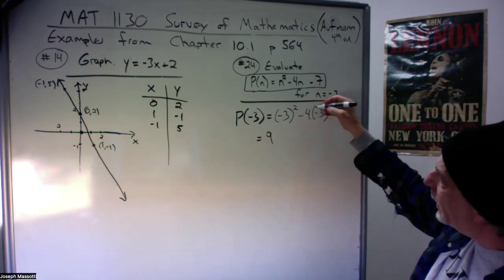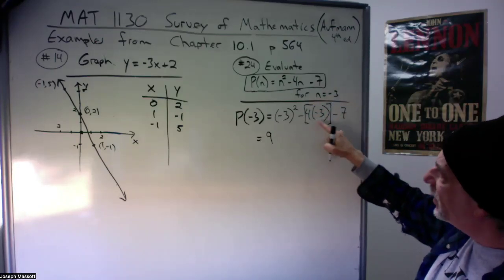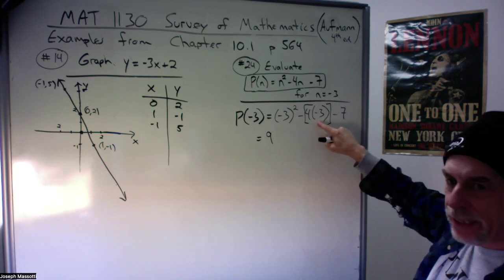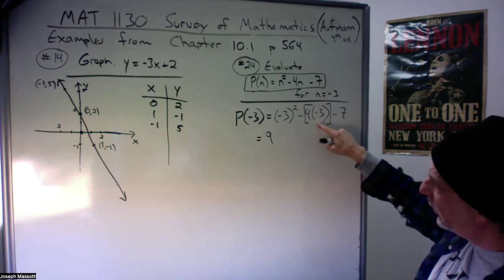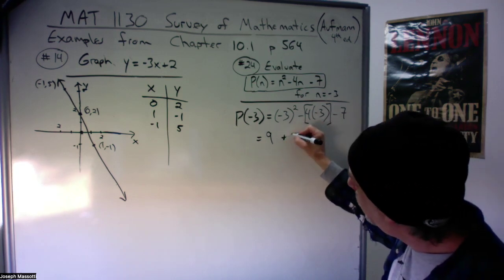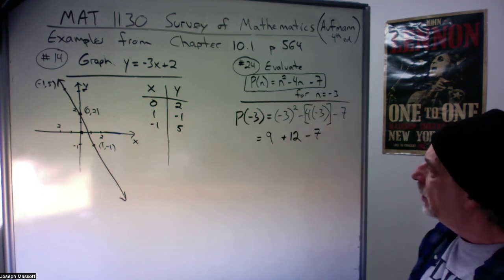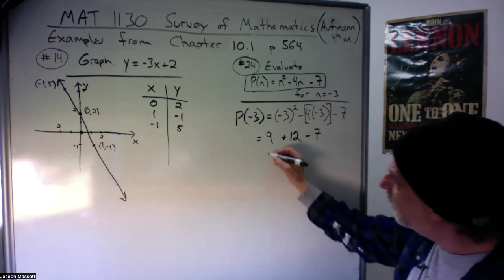And we're subtracting, remember your order of operations here, we're subtracting this product. This product is -12, 4 times -3. We're subtracting that -12, so we're adding 12. And then we have that -7 over there that we cannot ignore. Now we're just adding these numbers together.